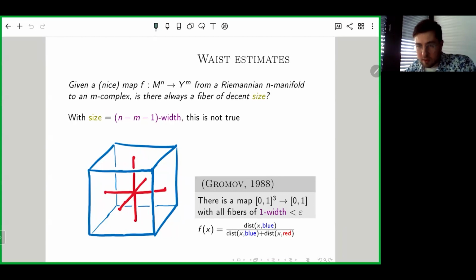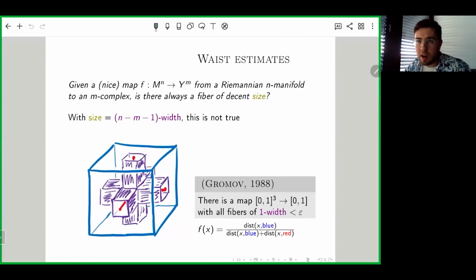Here's the map: f of x is the function which sends every point in my ambient R3 to the interval [0,1]. It measures the distance from your point x in R3 to the red one-dimensional skeleton and to the blue skeleton, and normalizes the distance to the blue skeleton, let's say, so that it becomes a number between 0 and 1. Then a generic fiber of this function will look like this, the purple surface. It's not smooth. Everything can be made smooth if you want, but it's not important.